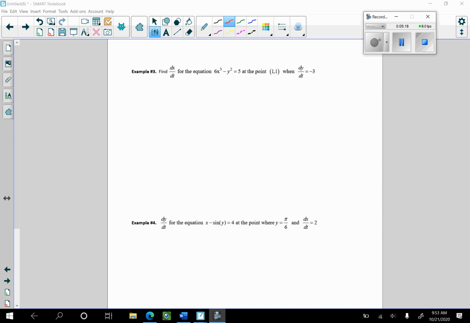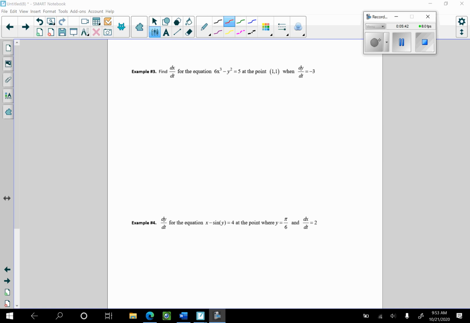Example number 3. Find the numerical value of dx/dt for the equation 6x cubed minus y squared equals 5 at the point (1, 1) when dy/dt is negative 3.